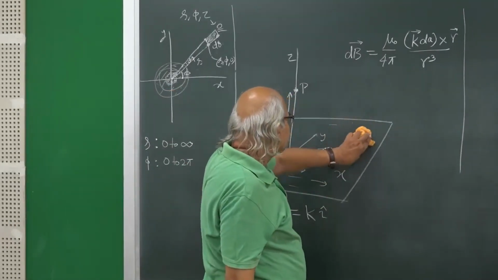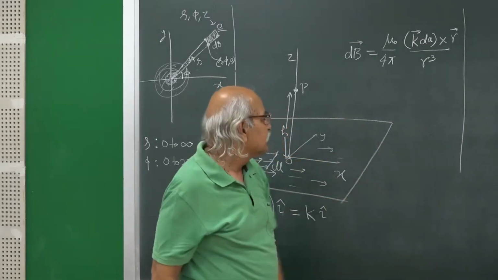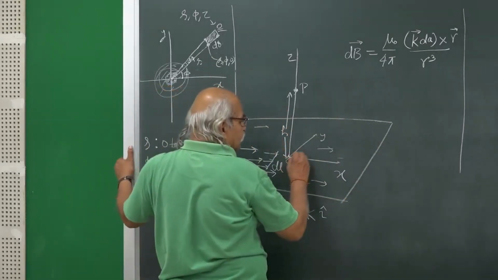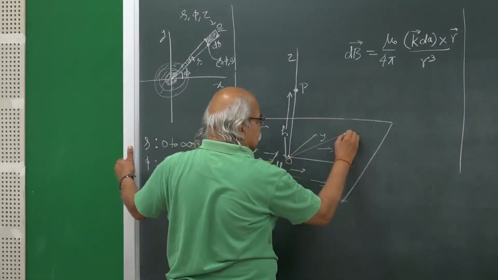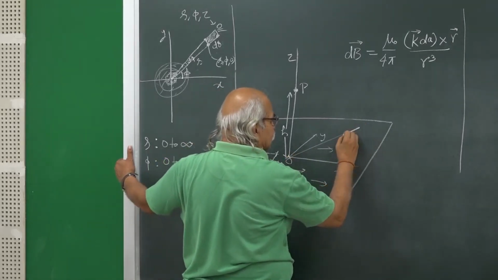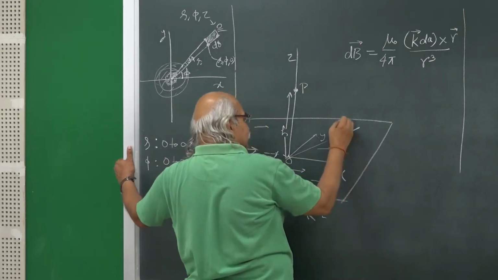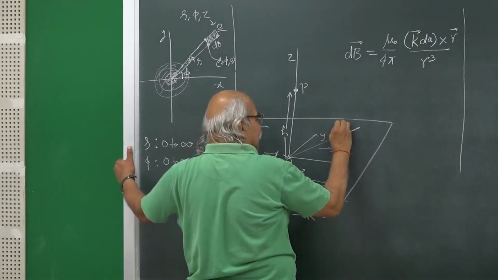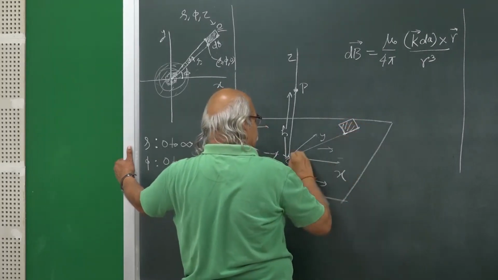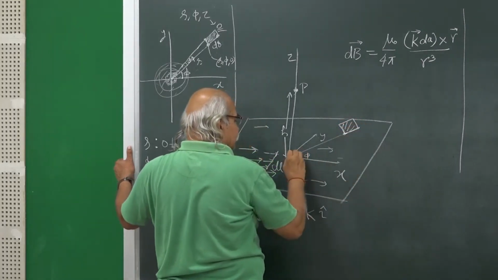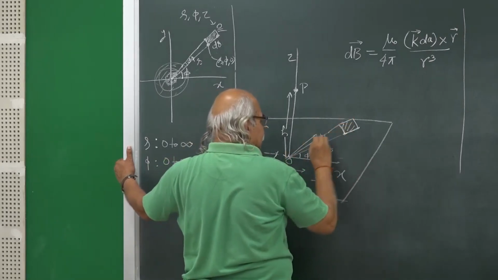We will not take rectangular dx dy type area. We will take, say, this is our s, this is ds, then this is d phi, the length will be s d phi, and then like this. So, this is our area element. This angle is phi and then this angle is d phi.